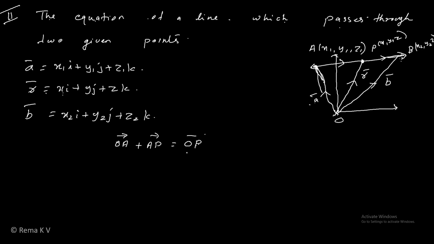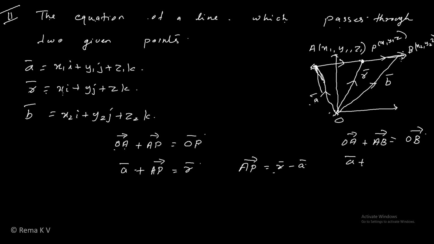That is, OP is vector r, OA is vector A, so vector A plus vector AP is equal to r, or you can write vector AP as r minus A. Similarly, we can write OA plus AB is equal to OB, that is, A plus vector AB is equal to vector B, or vector AB is equal to B minus A.